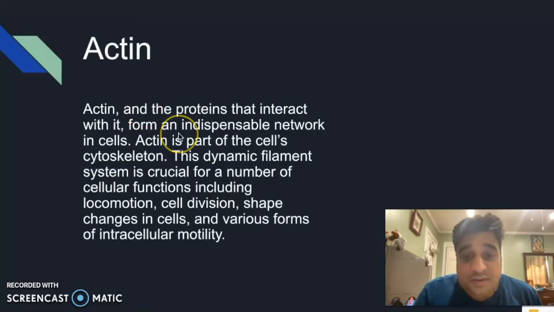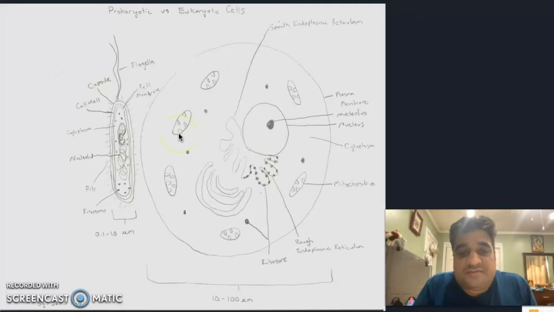So I drew a picture here of prokaryotic versus eukaryotic cells. The cell on the left is the prokaryotic cell, which is E. coli, and the one on the right is a eukaryotic cell. You can see that the eukaryotic cell is much bigger, 10 to 100 micrometers in length, and the prokaryotic cell of E. coli is much smaller, 0.1 to 10 micrometers.